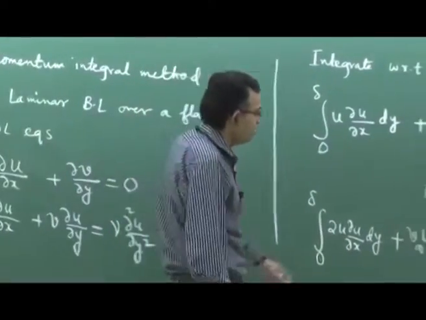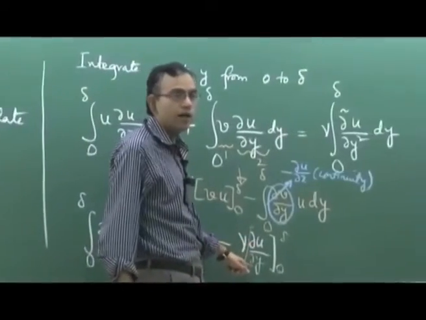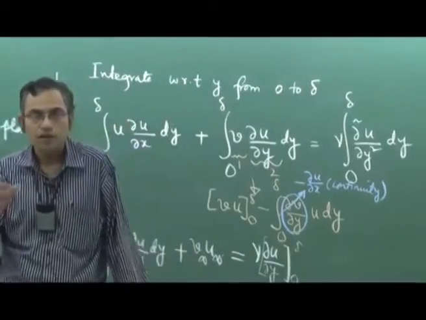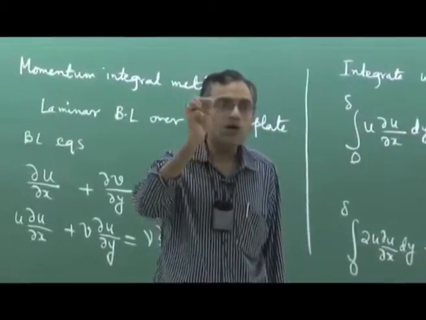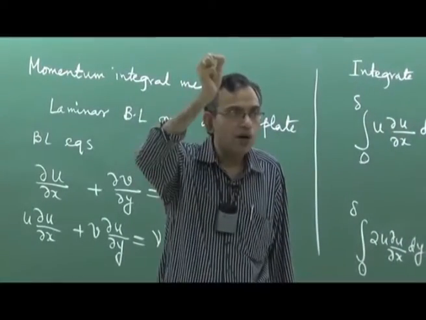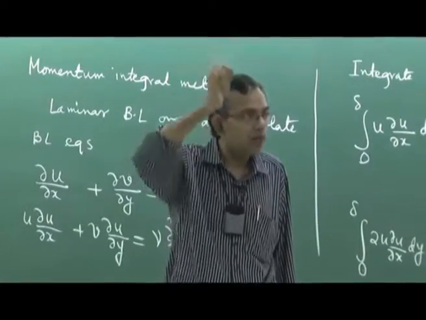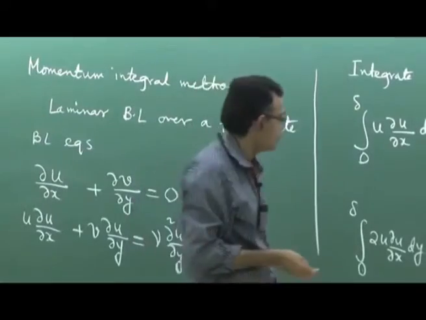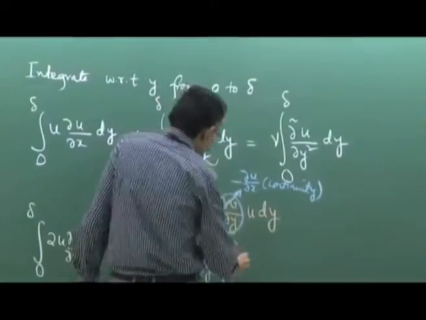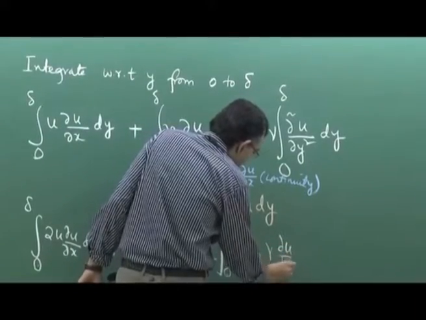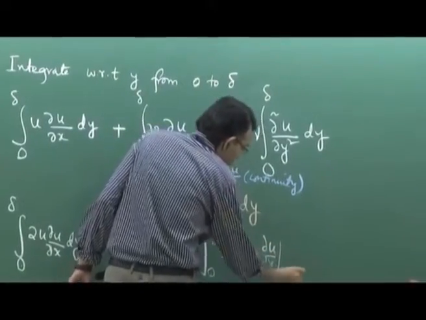What is the value of del u del y at y equal to delta? 0, because at y equal to delta u becomes uniform, after that u does not change. So the derivative of u with respect to y will be 0. So it will become minus nu del u del y at y equal to 0.